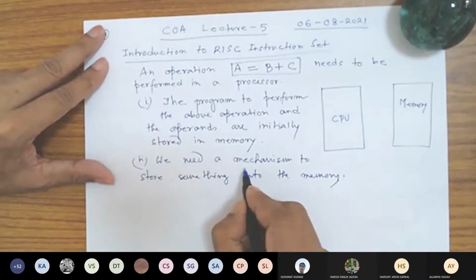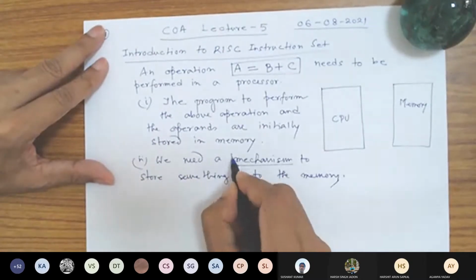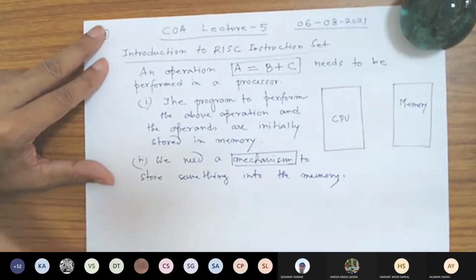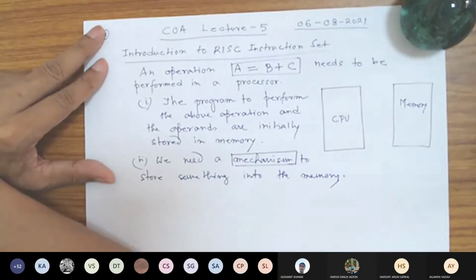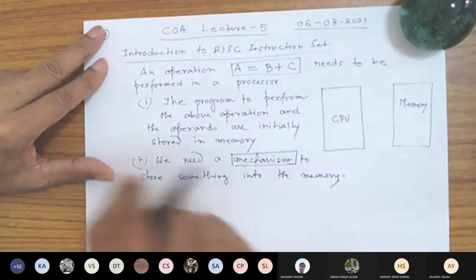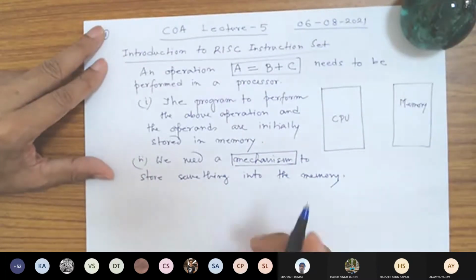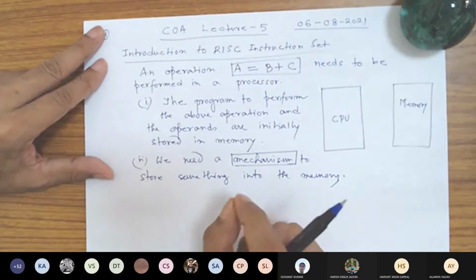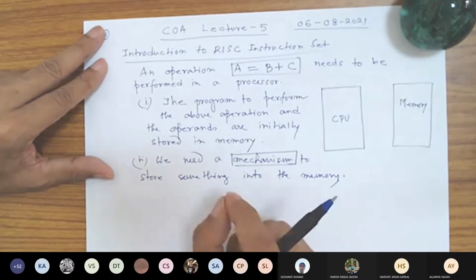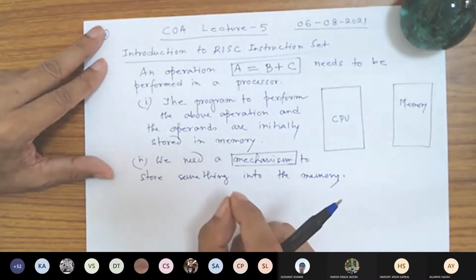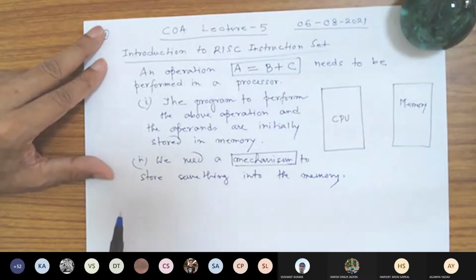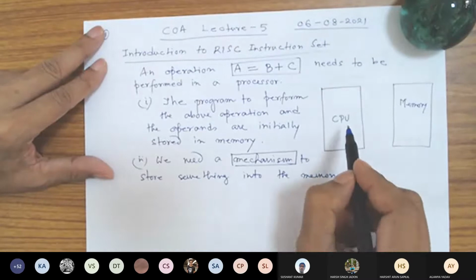Now this mechanism is not an external mechanism, like you will open up the memory separately and manually enter. Forget about 8085, where we can explicitly write into the memory, but still that writing into the memory is not done without the help of the CPU.